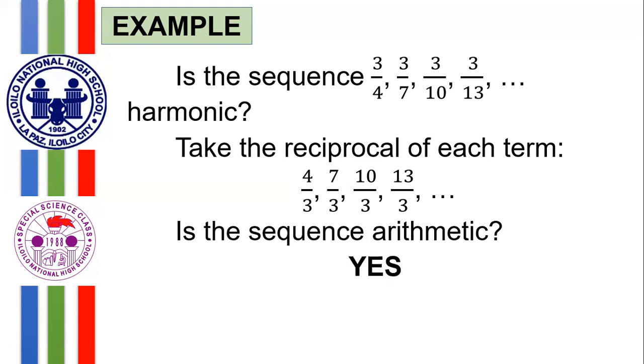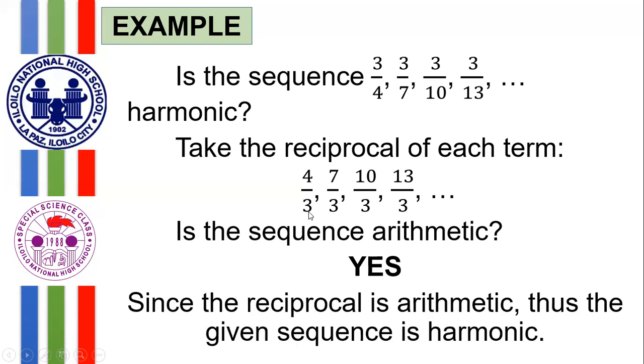And you could see that this sequence is arithmetic. And since the reciprocals of the terms of the original sequence form an arithmetic sequence, then the given sequence is harmonic. I hope you understood it.